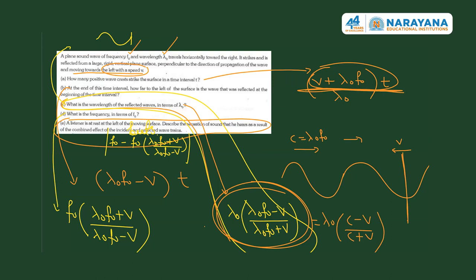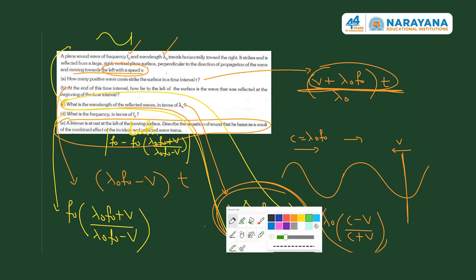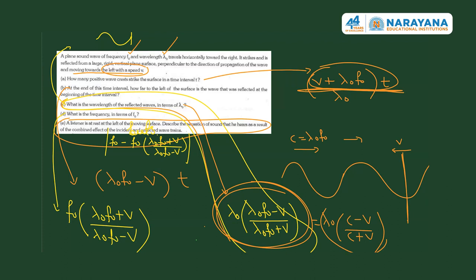Actually, you all understand that when the pulse is reaching that wall, if I originally have a spread lambda, that lambda which should have reached in time lambda upon c is now reaching in lesser time, which is lambda naught upon c plus v. So my complete pattern, one pattern, is reaching in this time, not in the time period.